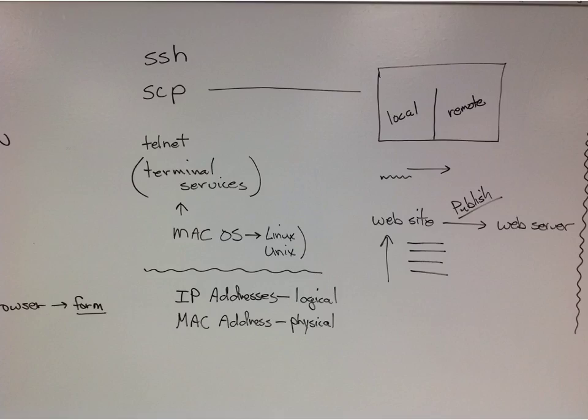Some more slides here in my deck. Some terminology people use all over. Secure shell. This is a way to log in to a computer and have the information encrypted.